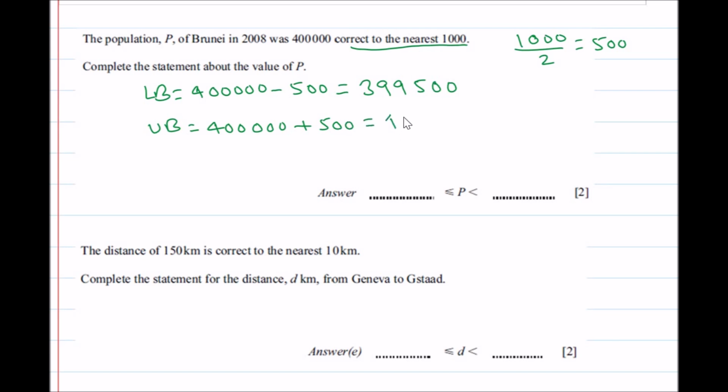So you will get 400,500. So these are the answers. We can write them in the answer space. Remember, the smaller number always goes on the left side and the bigger number always on the right side, because the left side is the place for the lower bound and the right side is the place for the upper bound. Don't write it in reverse. Okay, so we are done with this.